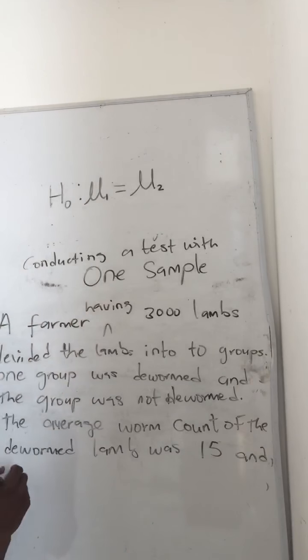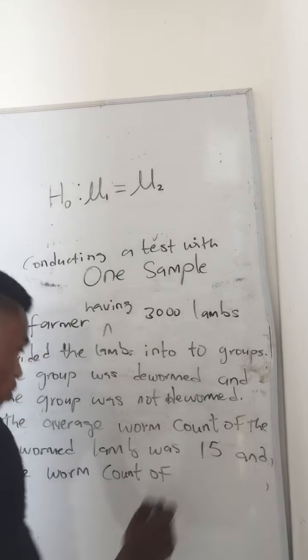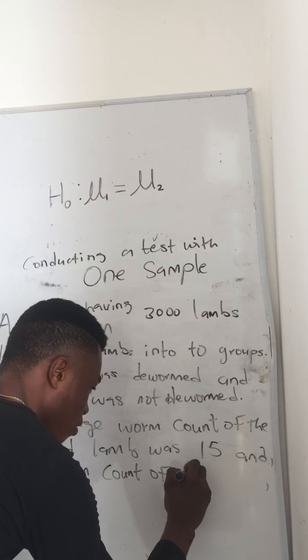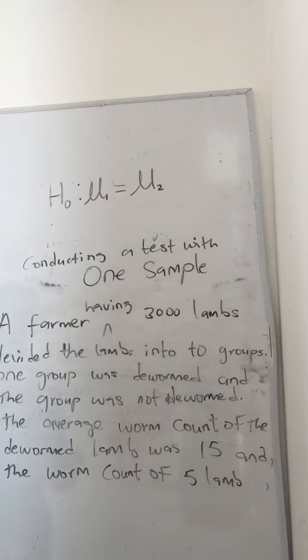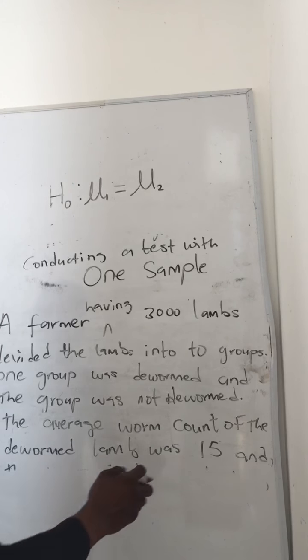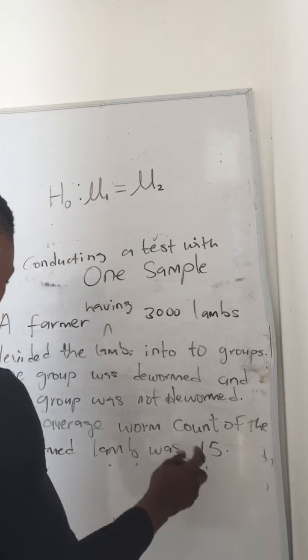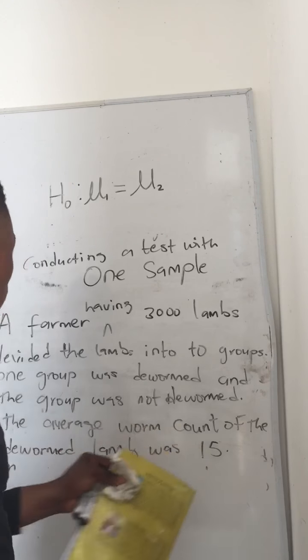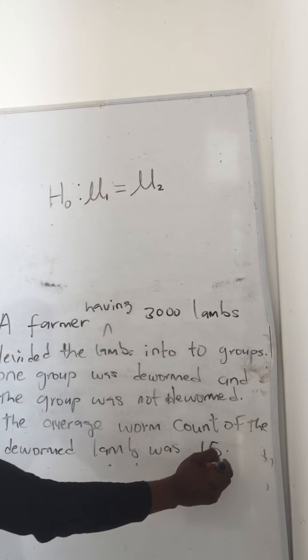And the worm count of 5 lambs selected randomly. Let's come up here. The average worm count of the dewormed lamb was 15. And let's bring the question up here.